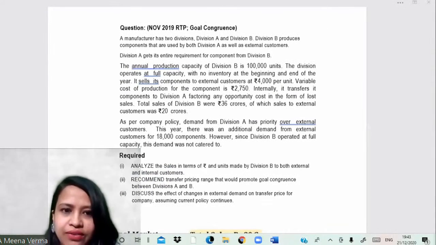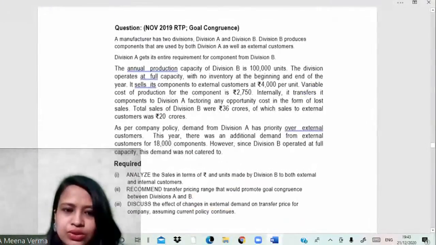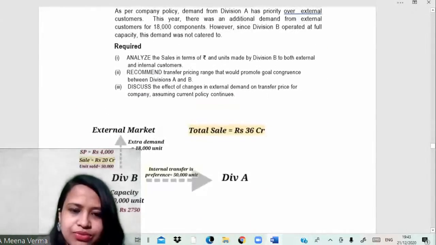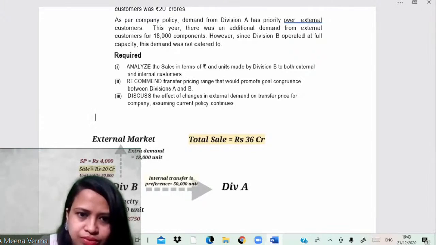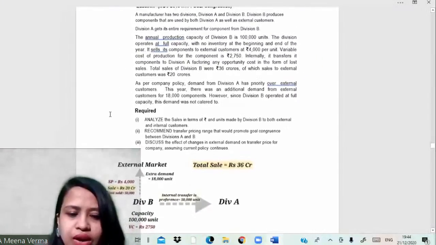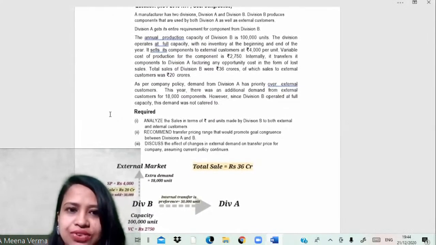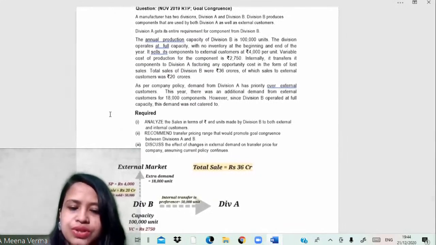Now we have the next question on goal congruence. So I want you to read this question and you can take the help of this diagram for solving this question. This is a November 2019 revision test paper question. Do this question.